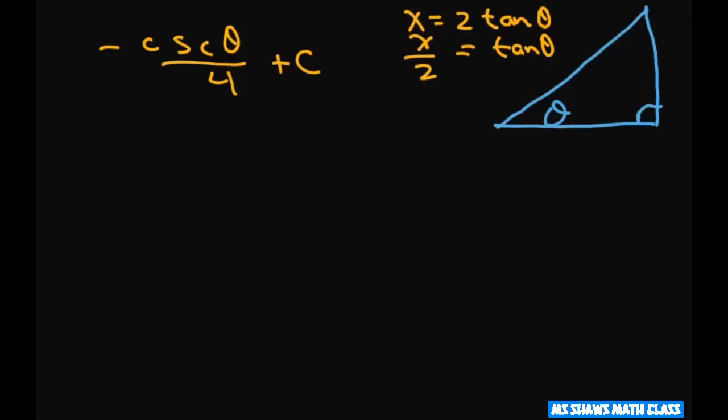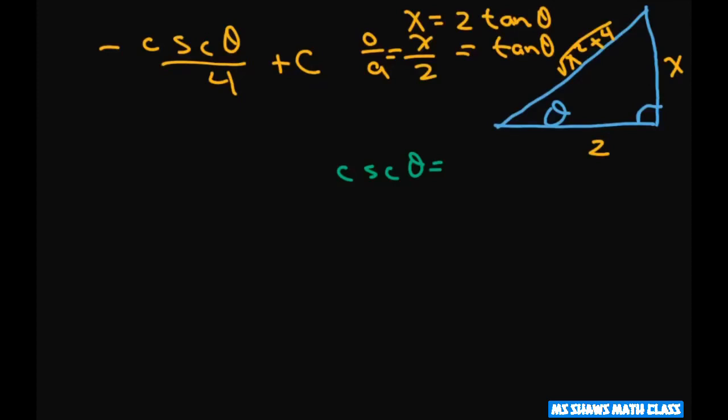So that's opposite over adjacent. When you do the Pythagorean theorem, this hypotenuse is going to be the square root of x squared plus 4. Now, to solve for this, we want to know what cosecant of theta is going to equal.